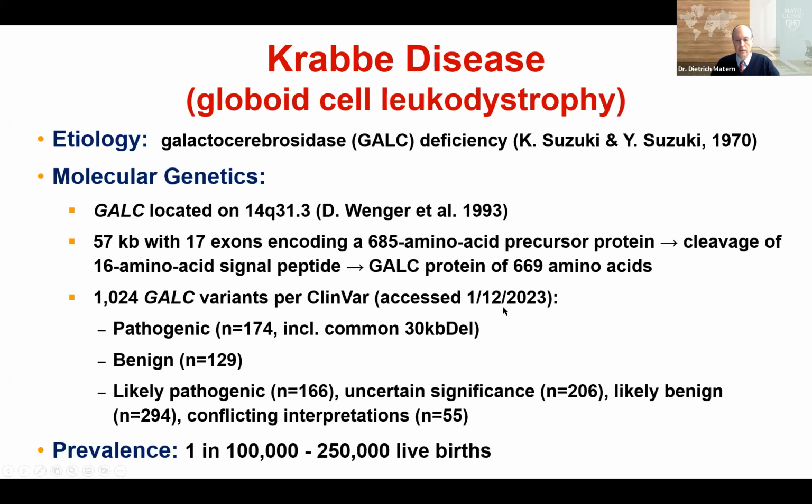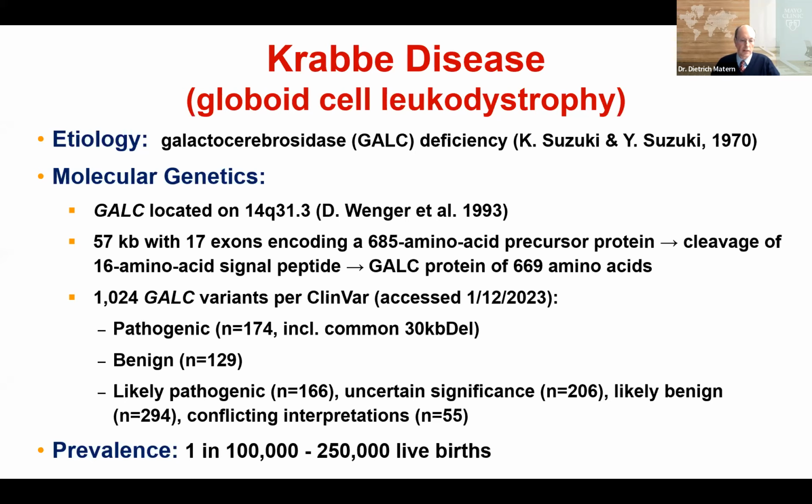Now, if you look, and last time I did, a couple of weeks ago, in ClinVar, a repository where all published and otherwise submitted variants in the various genes are listed, there are more than 1,000 GALC variants currently known. And among those, we have 174 that are pathogenic, including a well-described 30 kb deletion.